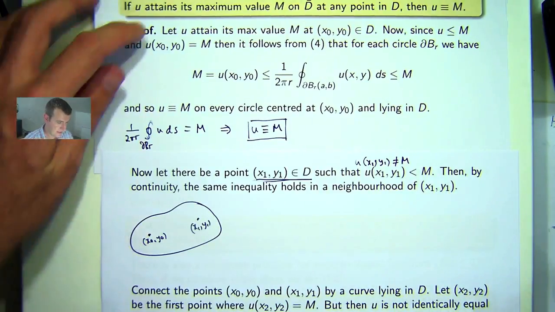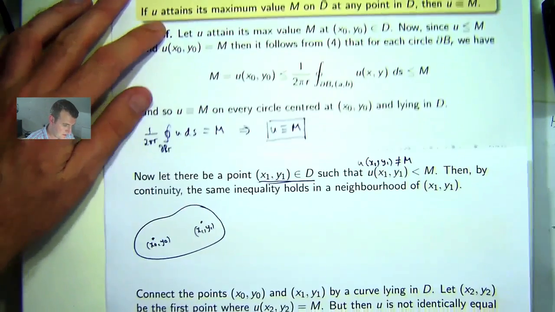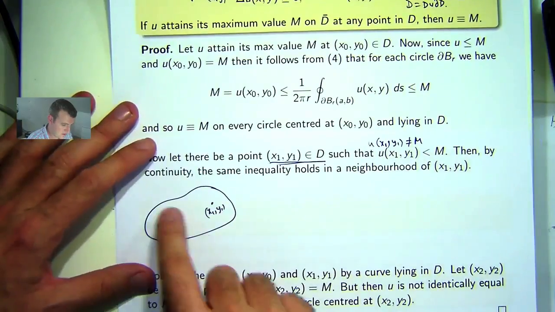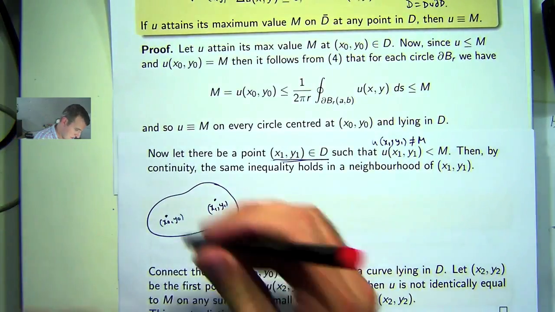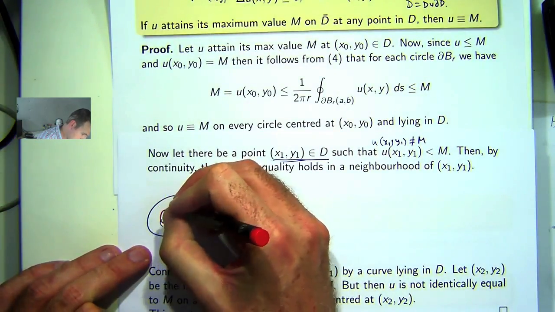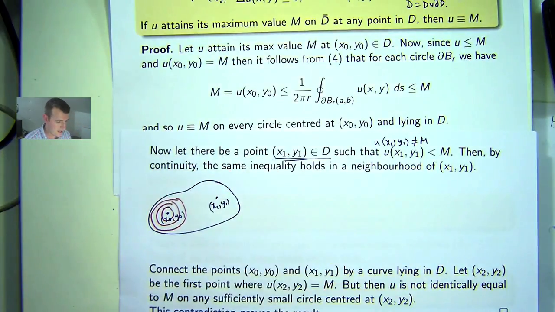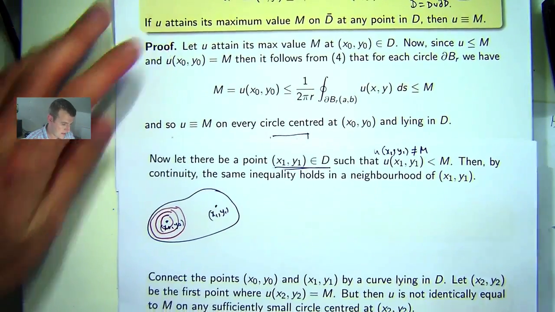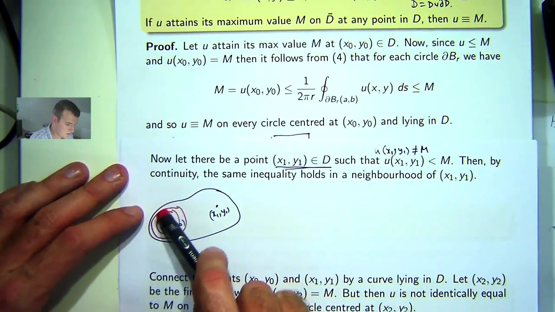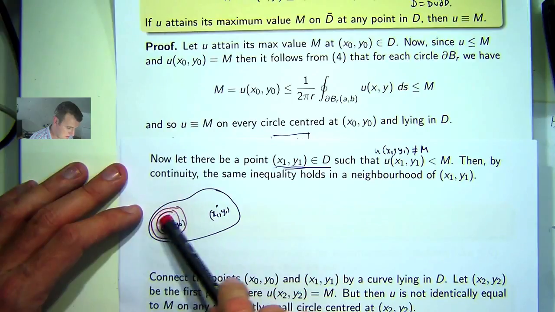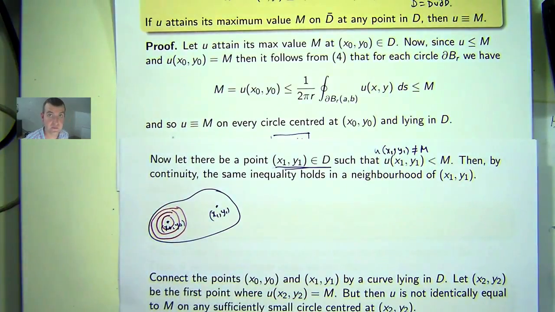Now we know from this argument up here that if I draw any circle around this point, along each of these circles u is constant. I proved that over here. So along each of these circles u is constant, and in fact it's equal to big M.